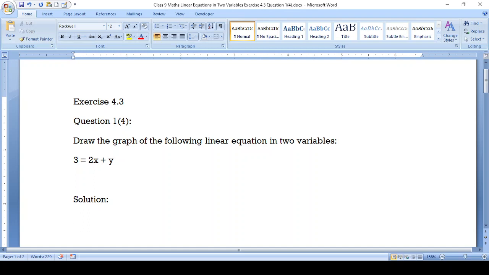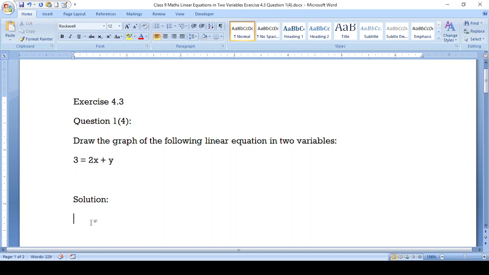So first of all, let us rearrange this equation 3 = 2x + y. How can we do that? We can keep the variable y on the left hand side and the rest on the right hand side.